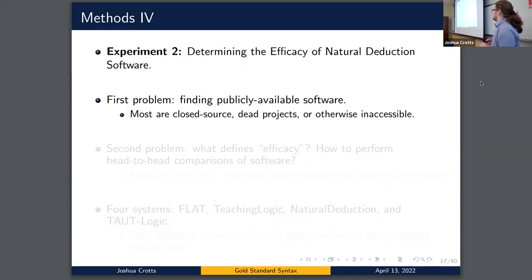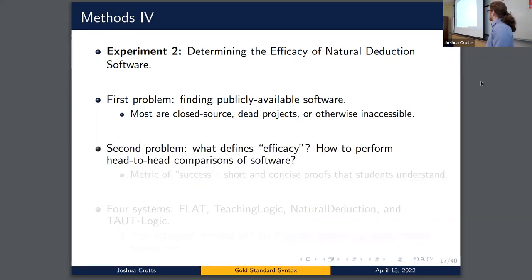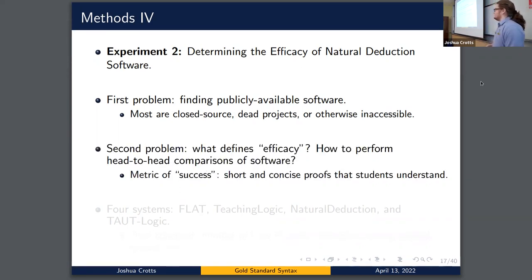You'll find a lot in research groups, but you can't access them because they're closed source, and by closed source, I mean not only can you not access the source code, you also just can't use them. A lot of them are dead projects, dead for many years, or we just somehow can't access them.